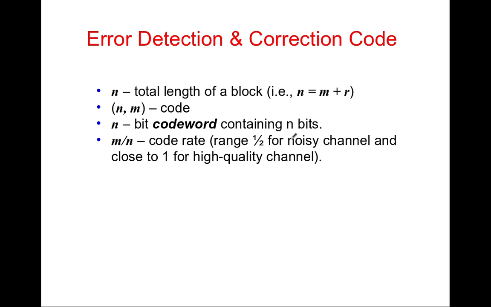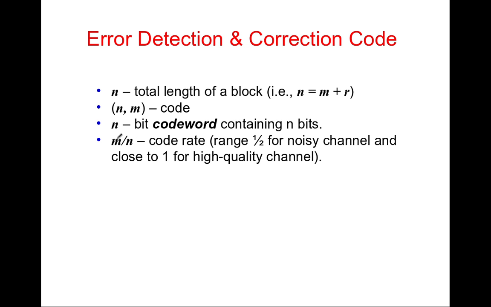In a noisy channel, because there is a possibility of many errors, many check bits are required, and that's why the amount of data bits will be lesser. So this comes to, let us say for example, one half of the total n bits.